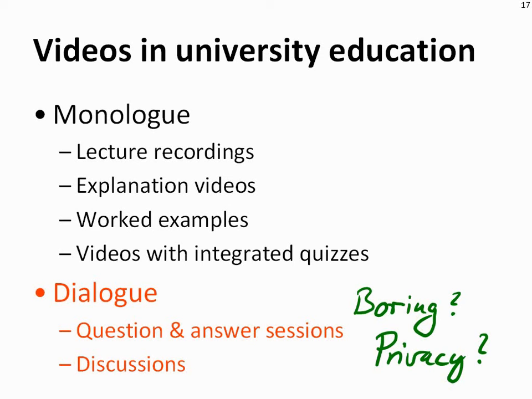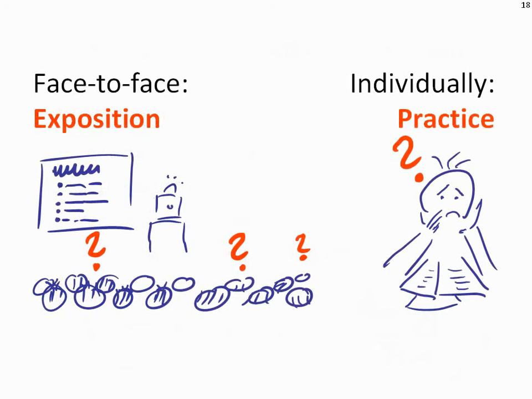So what I try instead is the inverted classroom, which was also covered in several sessions yesterday. The idea is to move from that old model where you have exposition in class, which is hard to understand, and practice at home or outside of class at least, where students try to solve problems and don't manage to solve those problems.